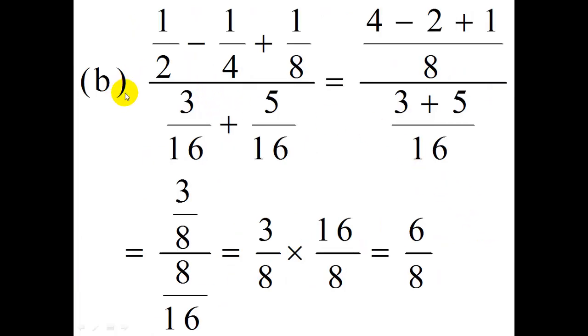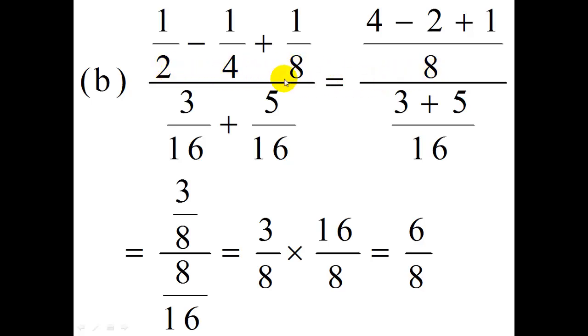Now B, 1 over 2 minus 1 over 4 plus 1 over 8, all divided by 3 over 16 plus 5 over 16. Now let's simplify the numerator first. So we find the LCM, and the LCM of 2, 4, and 8 is 8.